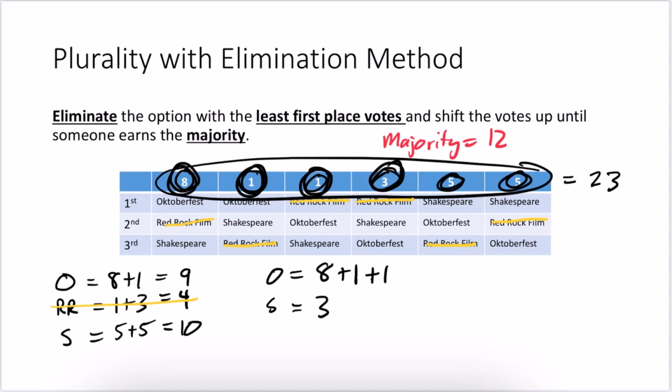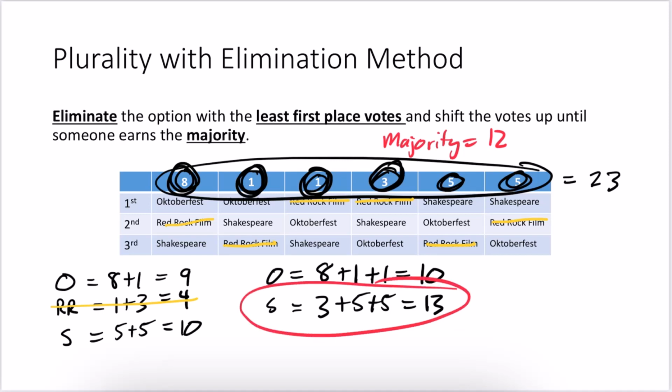And then the 5 and the 5 will still stay with the Shakespeare Festival. And when we add those numbers up, that gives 10 votes for Oktoberfest and 13 votes for the Shakespeare Festival. And since the Shakespeare Festival has the majority or more, in this case it's more because it's 13, that means that the Shakespeare Festival would be the winner of the plurality with elimination method.